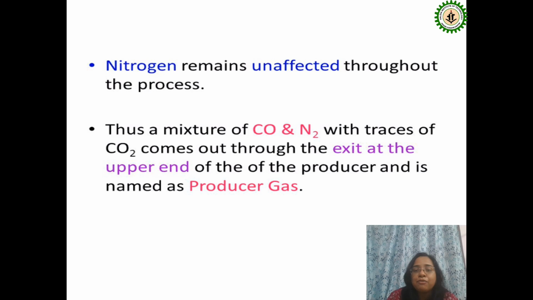After the reaction, the mixture of carbon dioxide, nitrogen, carbon monoxide and hydrogen, these four gases together, results in the producer gas. We can easily take out this gas from the side of the upper end of the reactor, that is the gas producer reactor.